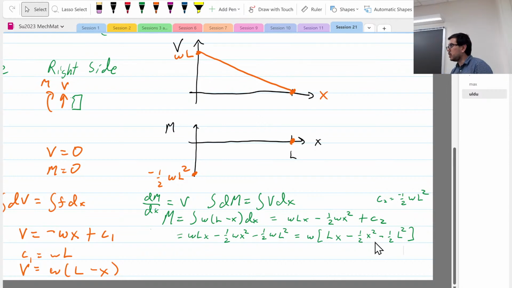What is this expression? This is a second order polynomial. It's a quadratic, right? And is it opening up or down? It's opening down. So it's a second order polynomial opening down.